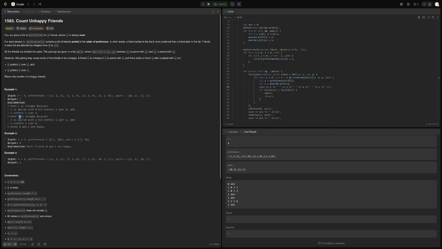So X is 3. Pair this with Y. U is 1 and V is 0.